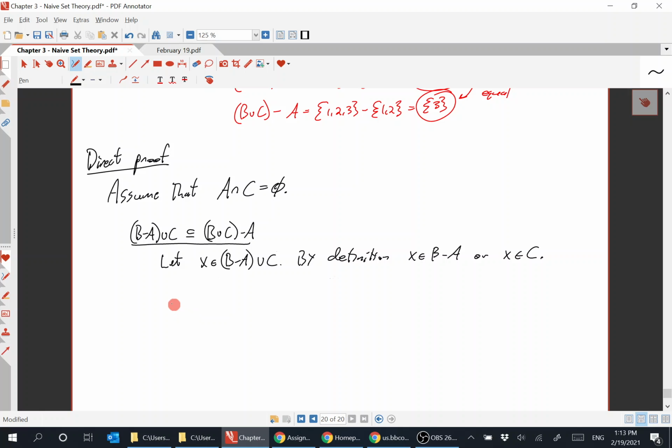So first, consider the case where X is an element of B minus A. We have that X is an element of B and X is not an element of A. Because X is an element of B, X is an element of B union C also.